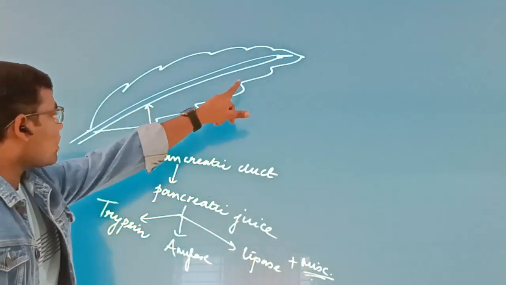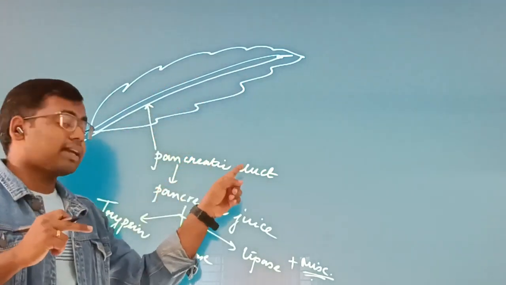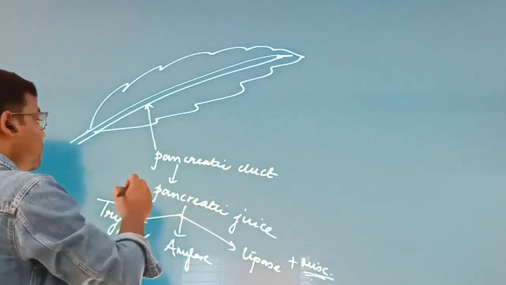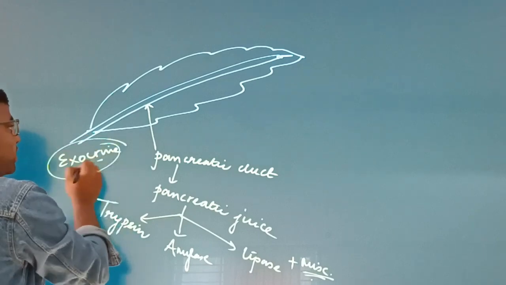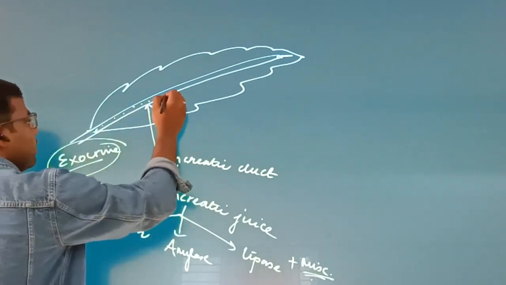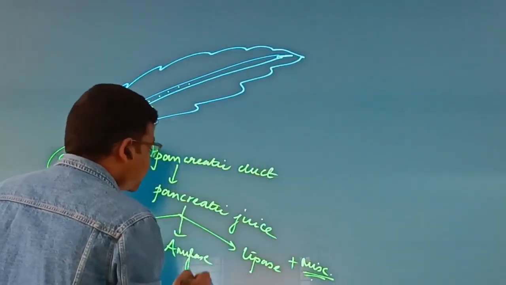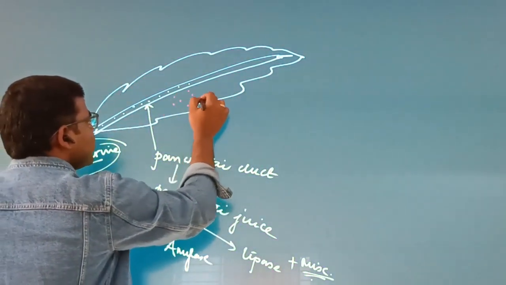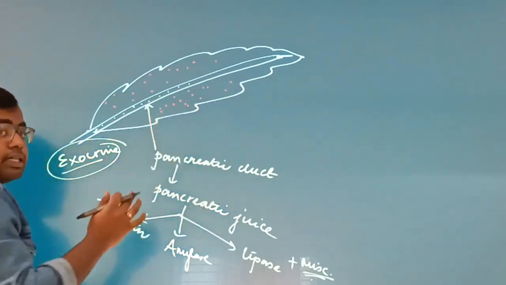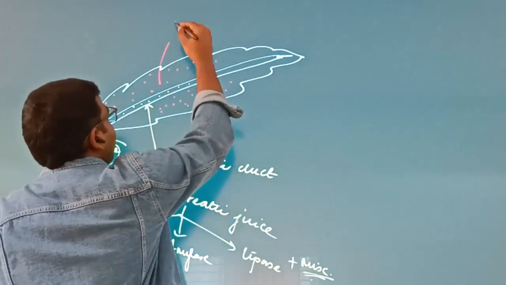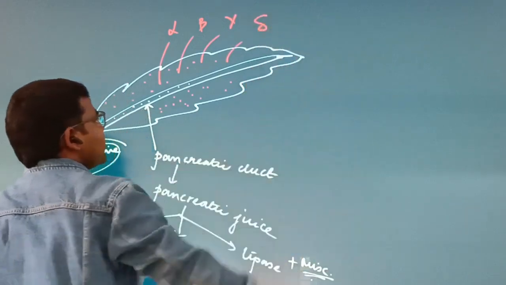So see, these secretions are released through the duct. So this is acting as which gland? This is acting as an exocrine gland, because the secretion happens with the duct. Now just beside these ducts we find millions of special cells, and these are alpha, beta, gamma, delta cells.